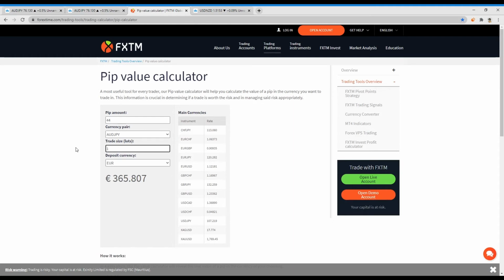I trade the pair EUR/JPY. If I use 1 lot, I will risk 365 euro. If I use 2 lots, it's 730 euros. If I use 3 lots, it's 1,100 euro, too much. So I'll go back to 2.6, 2.7, 2.8. With 2.8 lots and a 44 pip stop loss, I will be risking 1k, which is 1% of my trading capital.